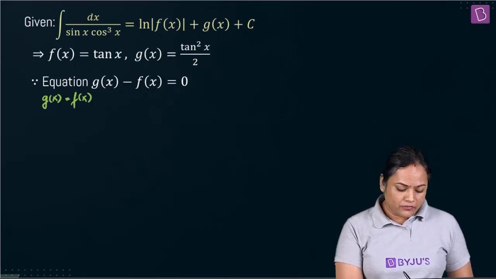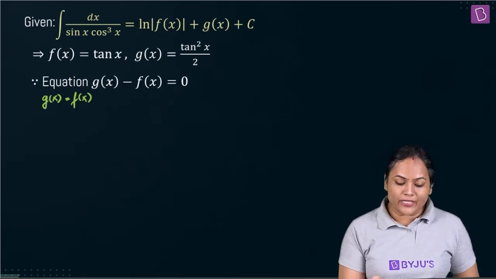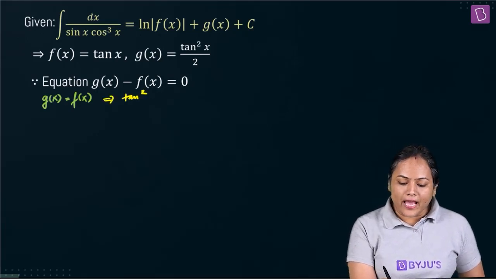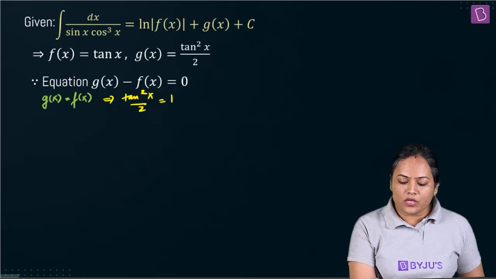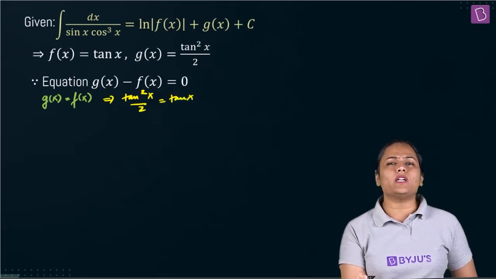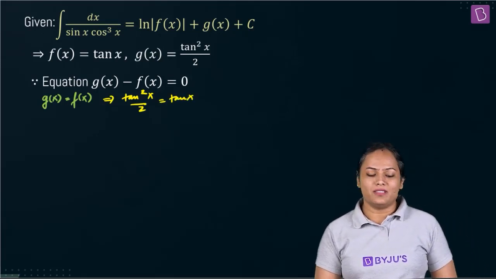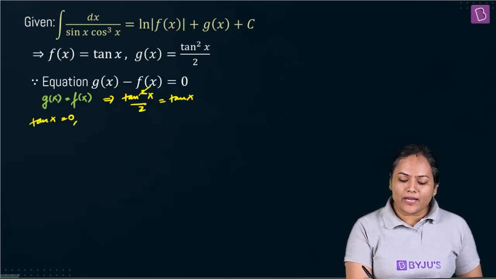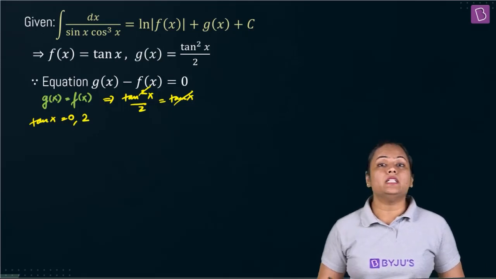So when we substitute now the values of our functions, we are going to get tan square x by 2 is equal to tan x. And you know what the values of tan x are from here? One value will be 0. When I cancel one tan x, another value will be 2.